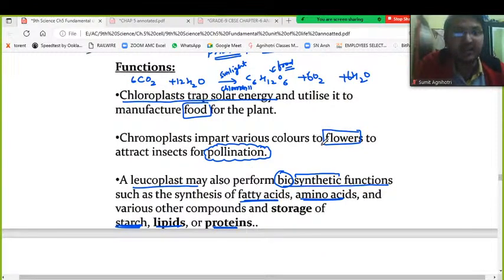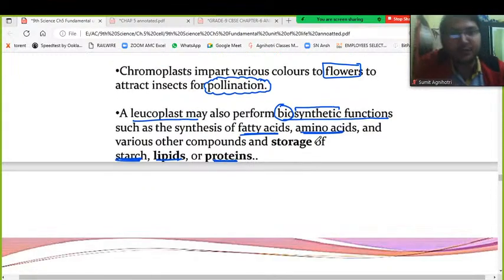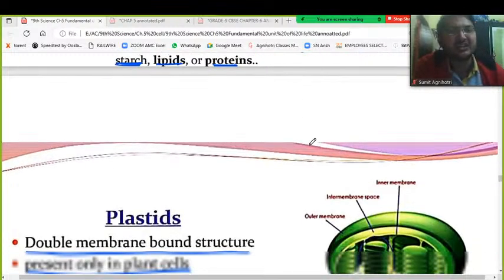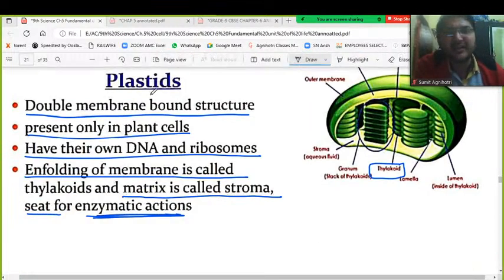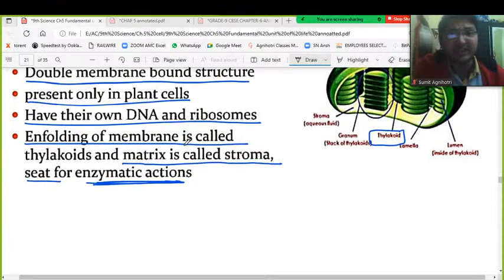Various colors can also attract insects for pollination, and leucoplasts may also perform biosynthetic functions such as the synthesis of fatty acids, amino acids and various other compounds, like storage of starch, lipids and protein. And these plastids, I have already told you, are double membrane bound structures, present in plant cells only, with their own DNA and ribosomes.